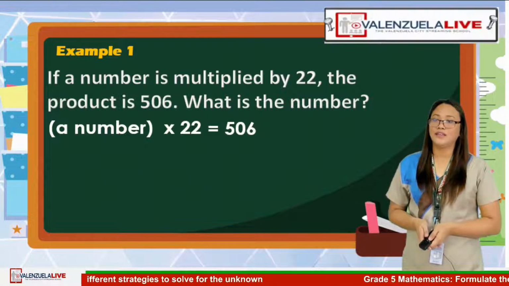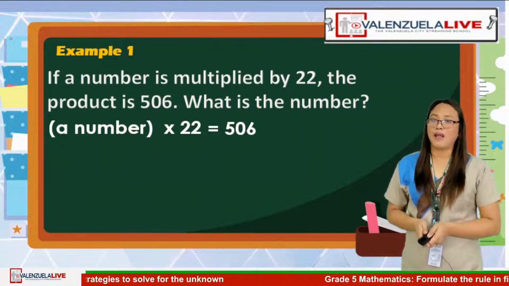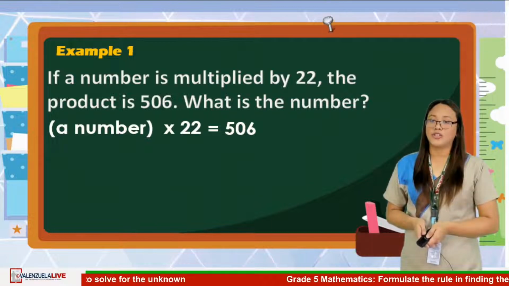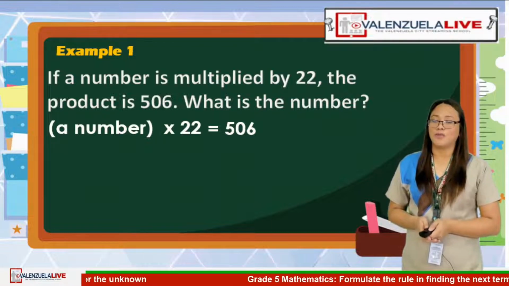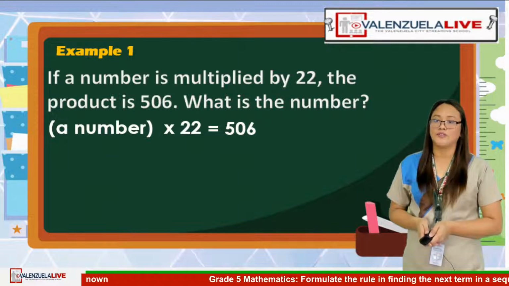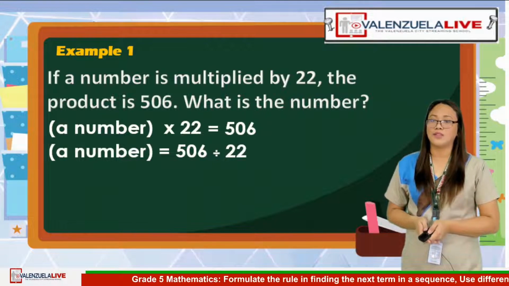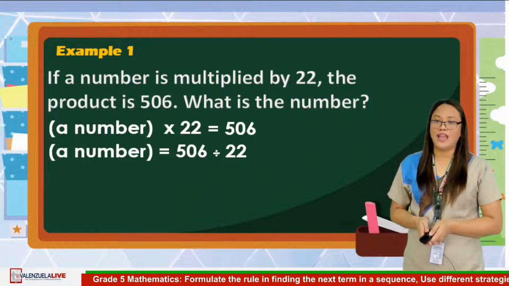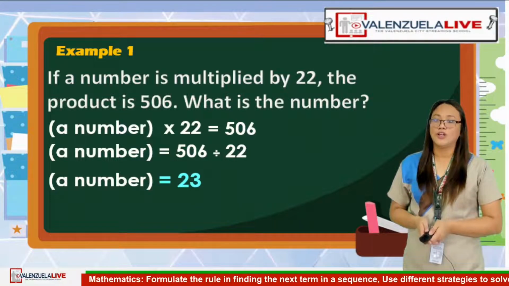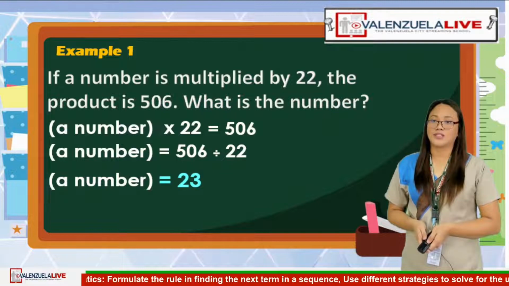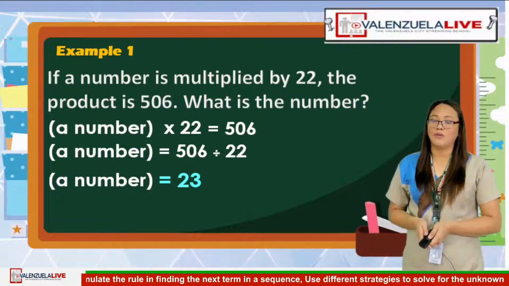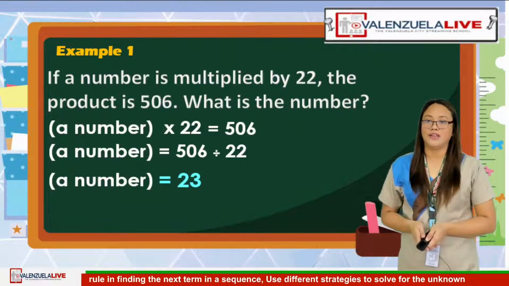So to find it, we have to work it backwards since the operation is multiplication. The opposite of multiplication is division. We have to divide it. So we have 506 divided by 22. Great. That gives you 23. So the number is equal to 23.